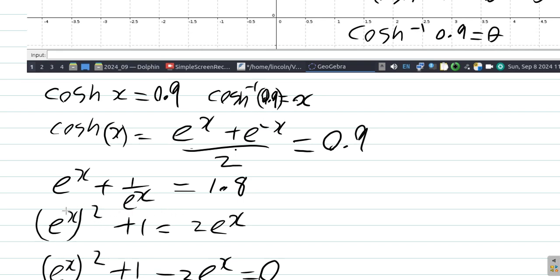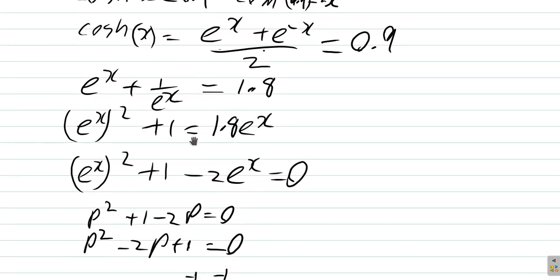Now, if we multiply both sides by e to the x, we'll have e to the x squared plus 1 is equal to 1.8 e to the x. So it's 1.8 e to the x. Now, e to the x squared plus 1 minus 1.8 e to the x is equal to 0.